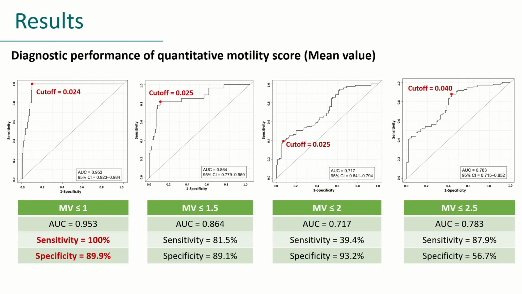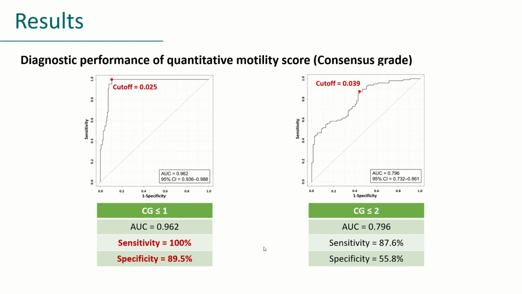This is a ROC analysis to determine each grade based on the MV. For determining MV of 1, the AUROC was 0.953 and optimal cutoff stands at 0.024. Sensitivity and specificity were 100% and 89.9% when using the optimal cutoff. However, performance was lower for determining MV of 1.5, 2, and 2.5.